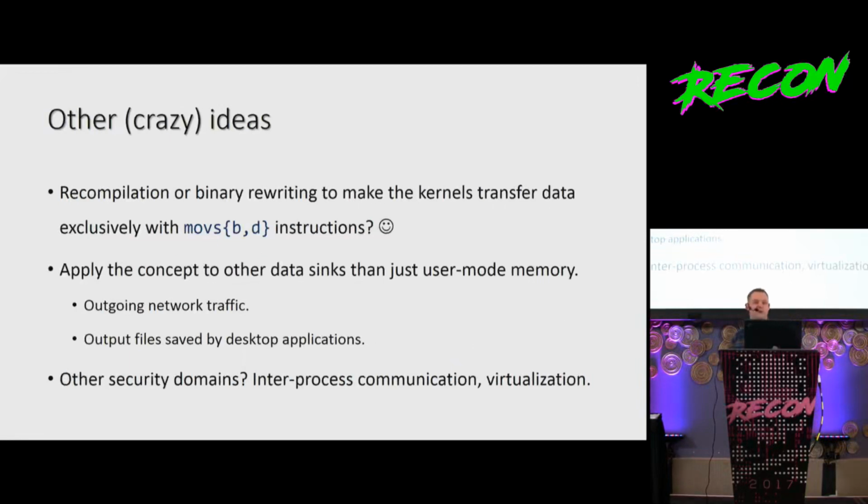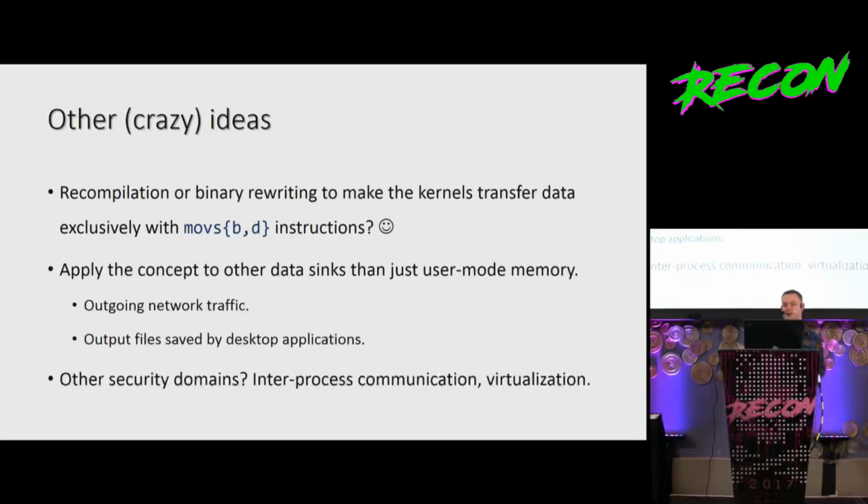Another crazy idea would be to recompile, for example, the Linux kernel, or binary rewrite the Windows kernel, to have all of the kernel data transfers performed using mov instructions, which would make Bochs know about all of the data transfers and not just memcpy. We could maybe try to apply this concept to other data sinks, which are not just user mode memory, but for example, outgoing network traffic or the output files saved by applications.